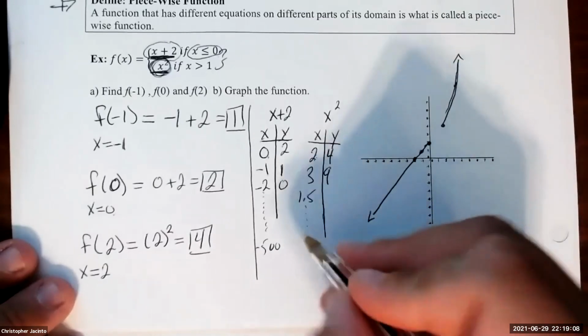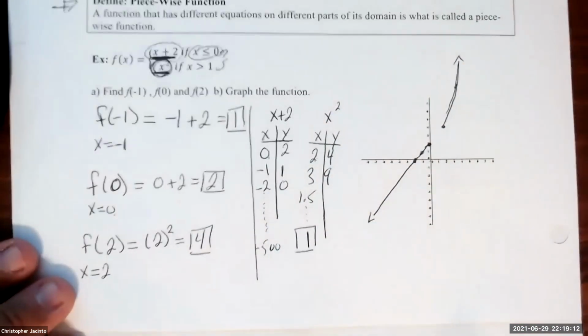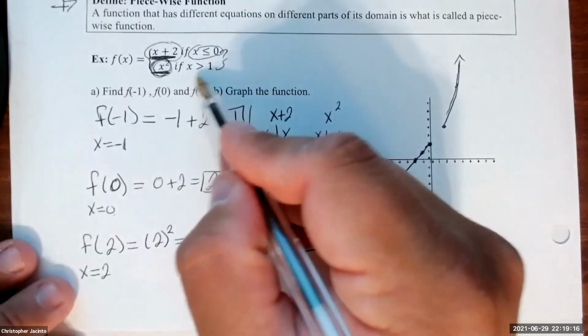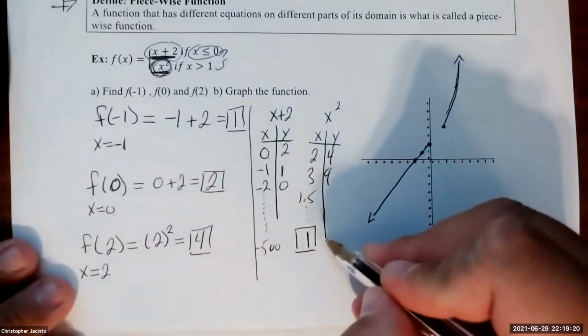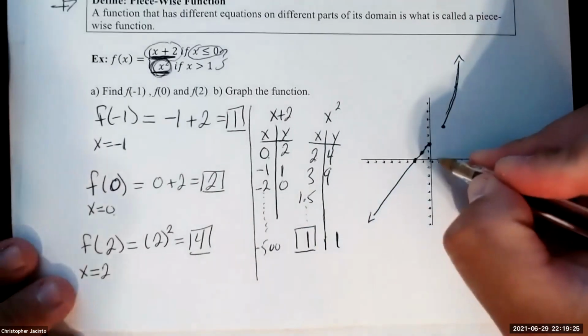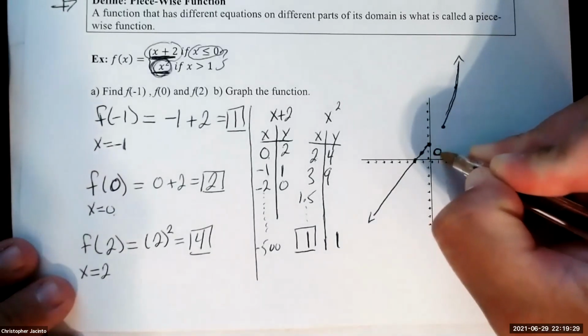To do so, let's suppose, imaginary, that 1 did satisfy this. I know it doesn't, but let's suppose it did. What would that be? If I plug it in, 1 squared gives you 1. So if I plot 1, 1, instead of a whole dot, I'm going to make an open circle like that.